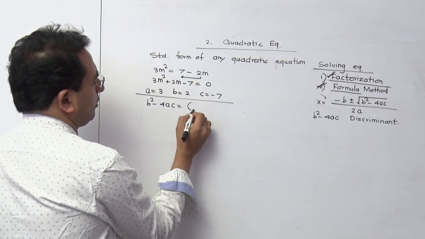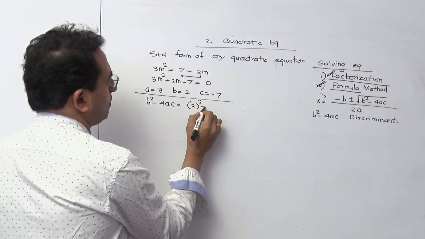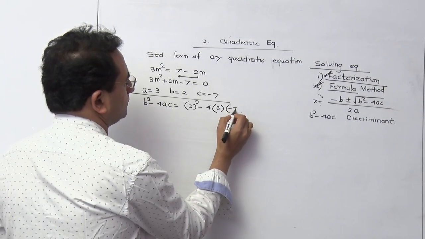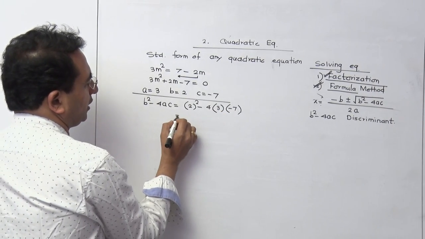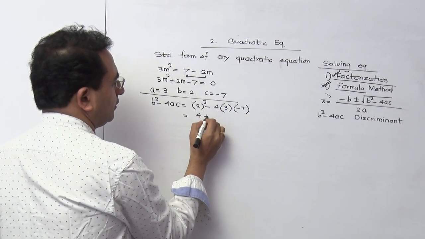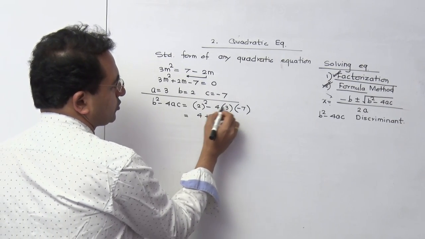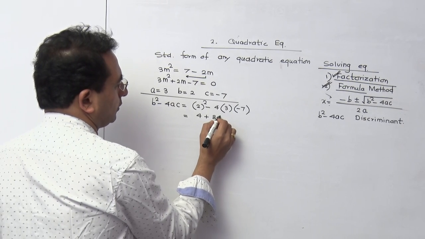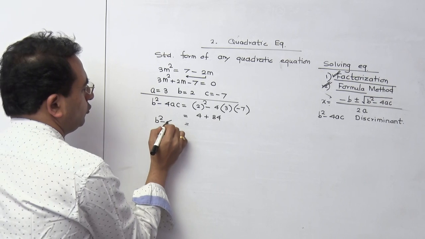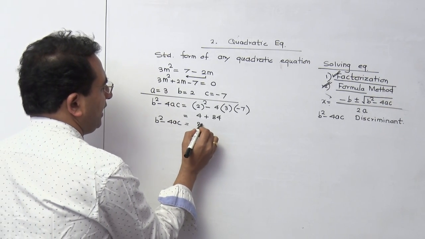Now that b square means it is 2 square minus 4 into a into c. So this one is going to be 4. Minus minus will be plus. And this one is going to be 84. And the answer of this discriminant value, we are going to get it as 88.